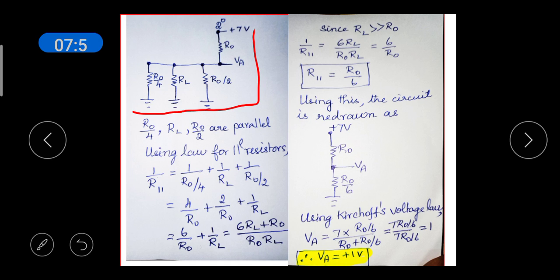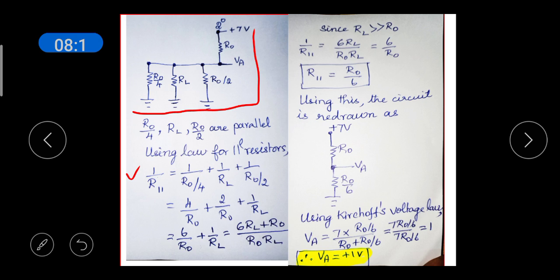So using the law for parallel resistors, we can write 1 by R parallel is equal to 1 by R0 by 4 plus 1 by RL plus 1 by R0 by 2, which can be rewritten as 4 by R0 plus 2 by R0 plus 1 by RL.